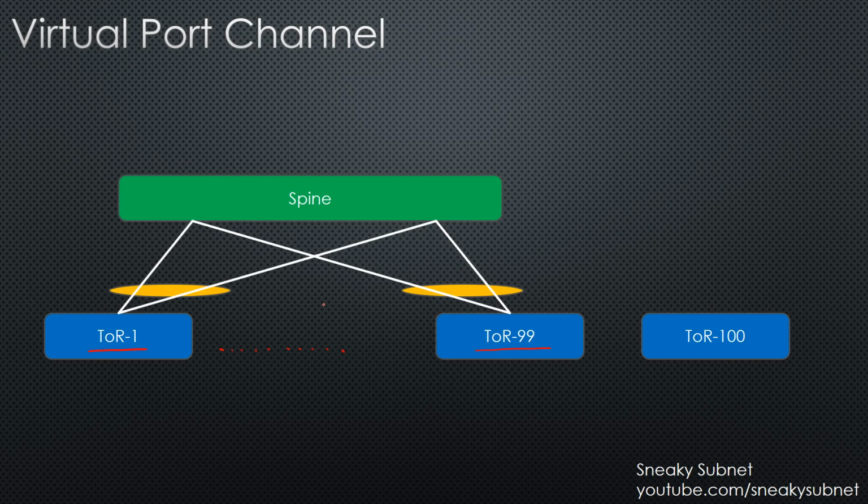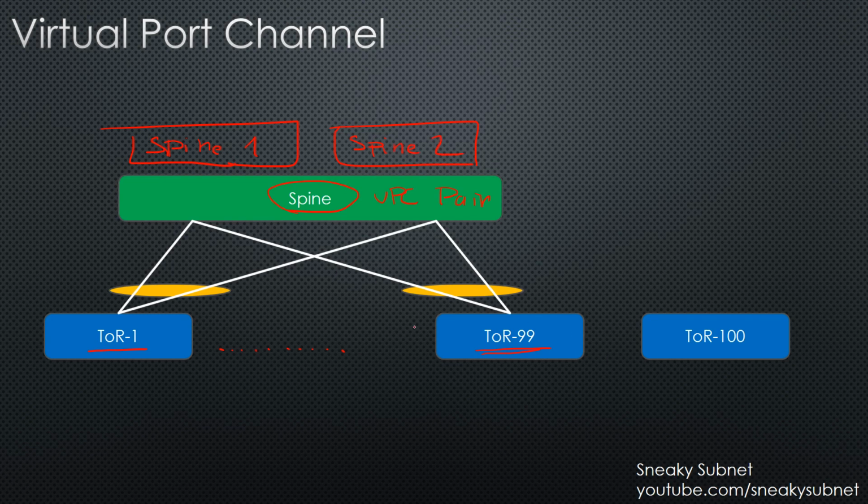And we are still able to connect top-of-rack switch 99 to our VPC pair. So here it is called spine, but remember that it is essentially a VPC pair, and physically it is two separate switches. Spine number 1 and spine number 2.